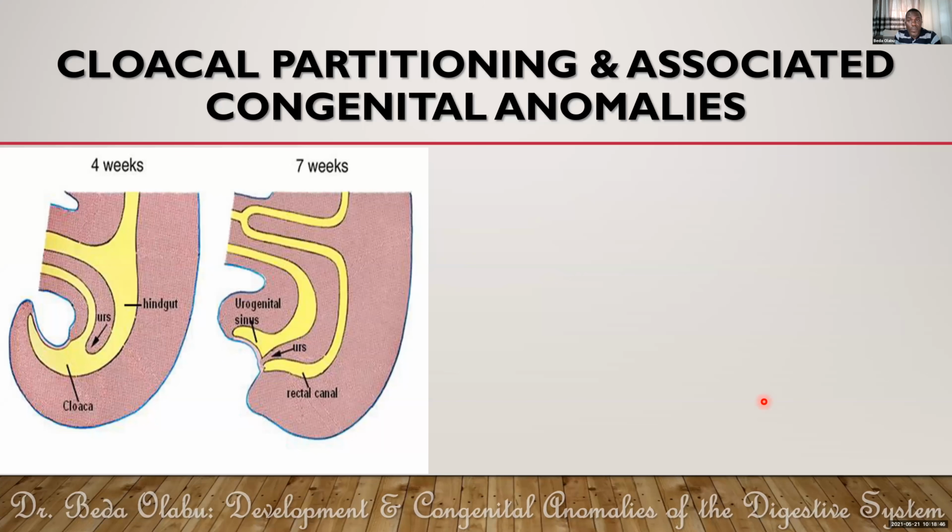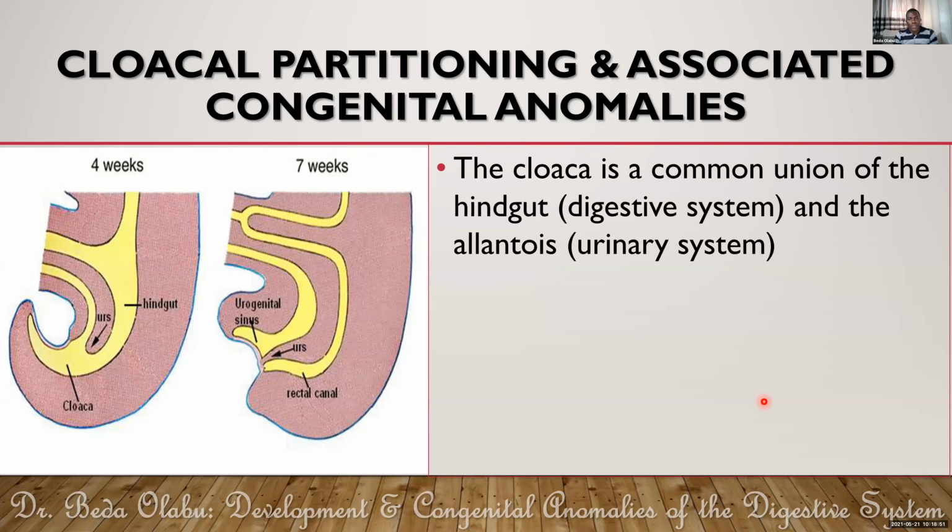So we are going to look at the cloaca. The cloaca is a common union of the hindgut and the allantois. The hindgut represents the digestive system. The allantois represents the urinary system.